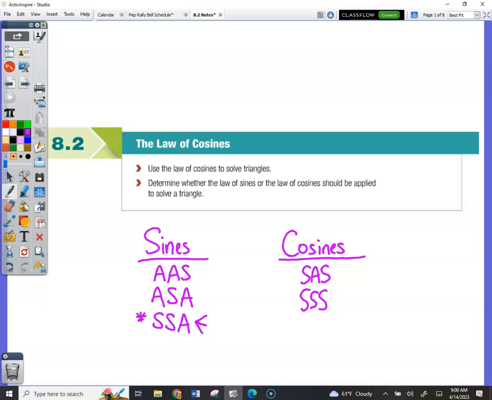So that's already kind of in my memory, like the very first thing we did involved sine, and that had the irate customer. That took us 4 days to cover. So I remember that one's over there, but the other 2, SAS and side, are law of cosines. So I just memorize this right here, and then that lets me know anything else is law of sines.